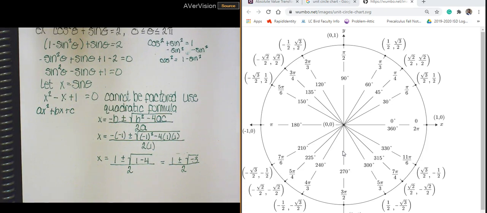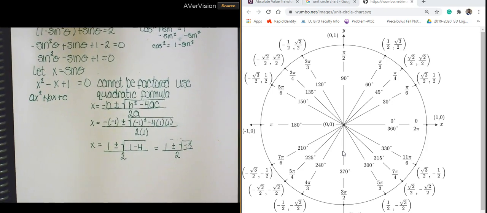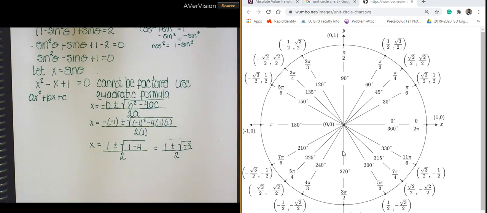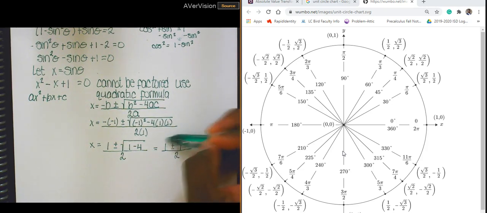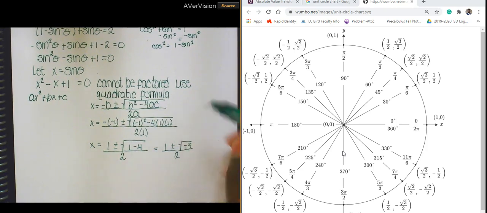So what happens now? What is the square root of negative 3?